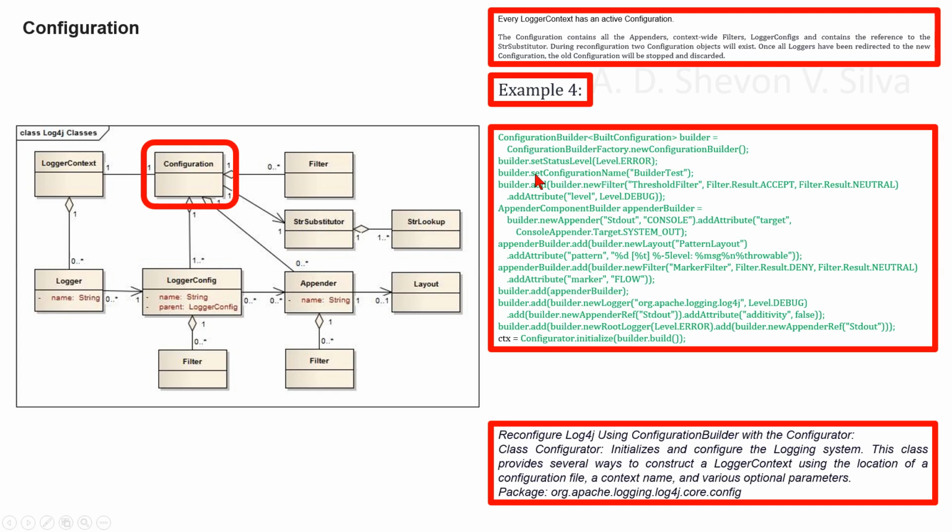Here setStatusLevel sets the level of the status logger. Here setConfigurationName sets the name of the configuration.